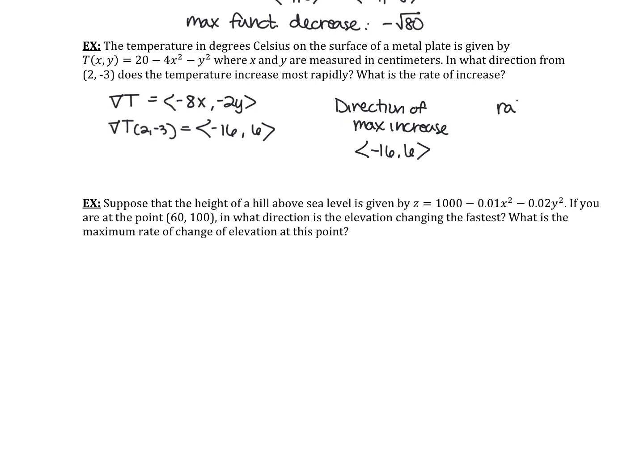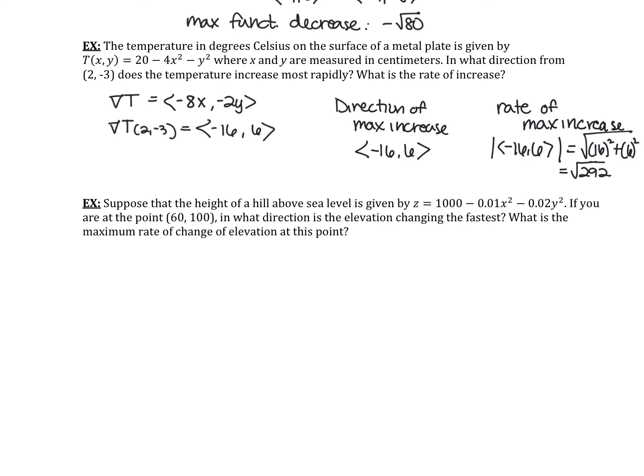And then the rate of max increase is going to be the magnitude of the vector (negative 16, 6), which is the square root of 16 squared plus 6 squared, or the square root of 292.